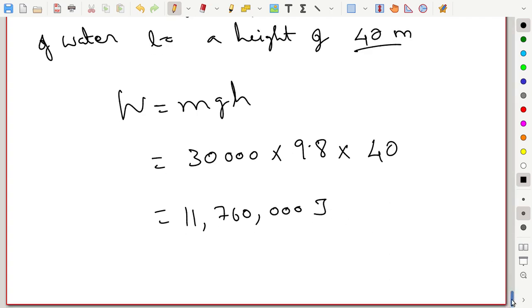We can write it in a short form as 1.176 into 10 power 7 joules. So I put a point and take the value as 10 power 7. So this is the work done by the pump.